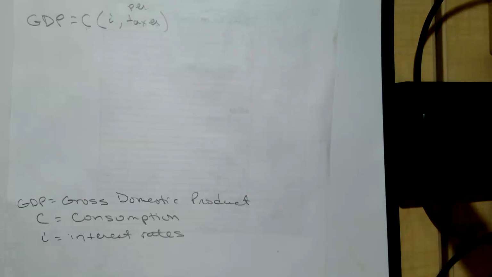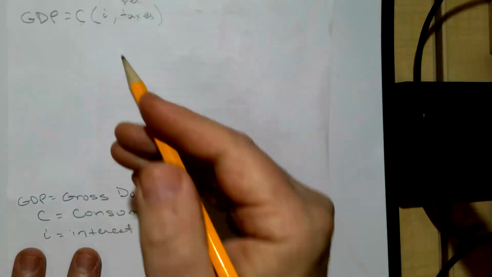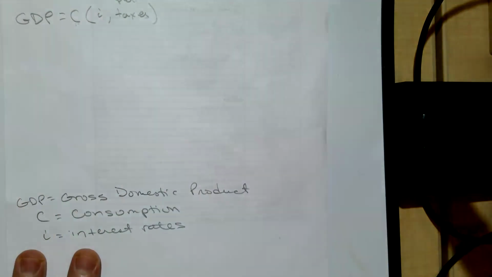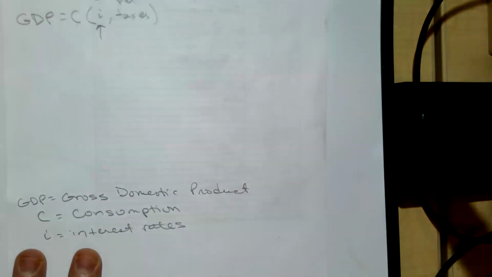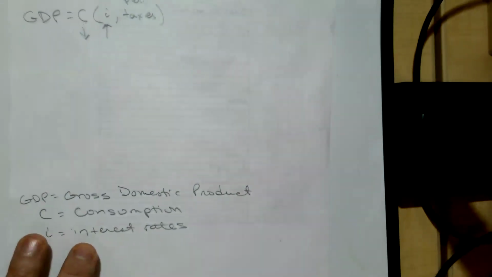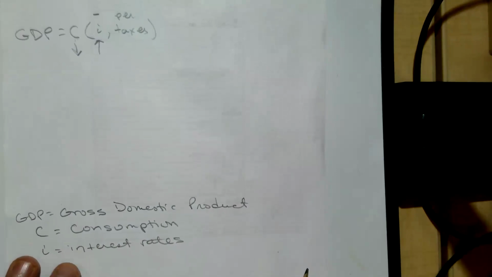A low interest rate. So here, there's a negative relationship between interest rates and consumption, meaning that as interest rates go up, consumption will go down. We call that an inverse relationship. And our Federal Reserve Bank that manages our interest rates has been trying to slow our economy down by raising these interest rates.